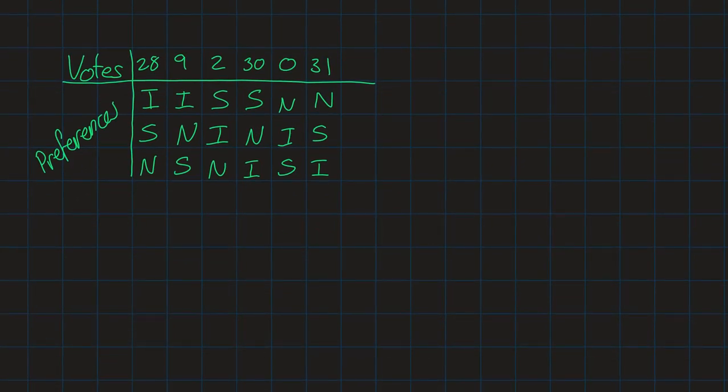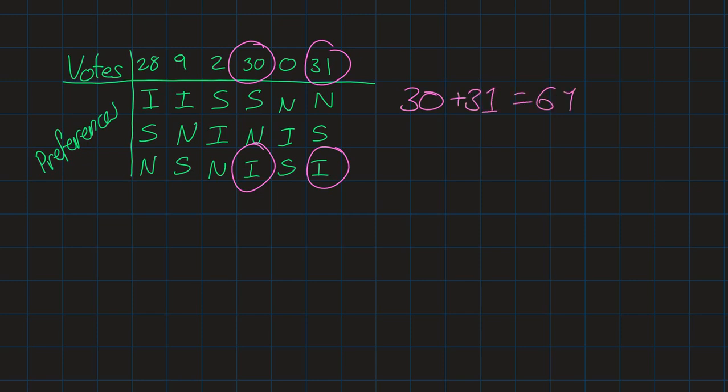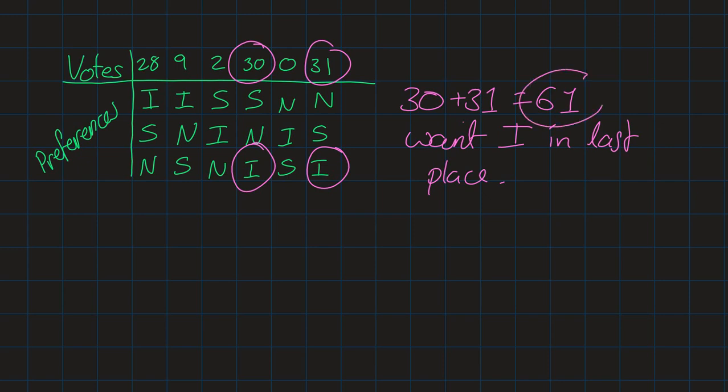But one thing to notice now is that 30 plus 31 equals 61 want I in last place. So 61 people want I least of all.